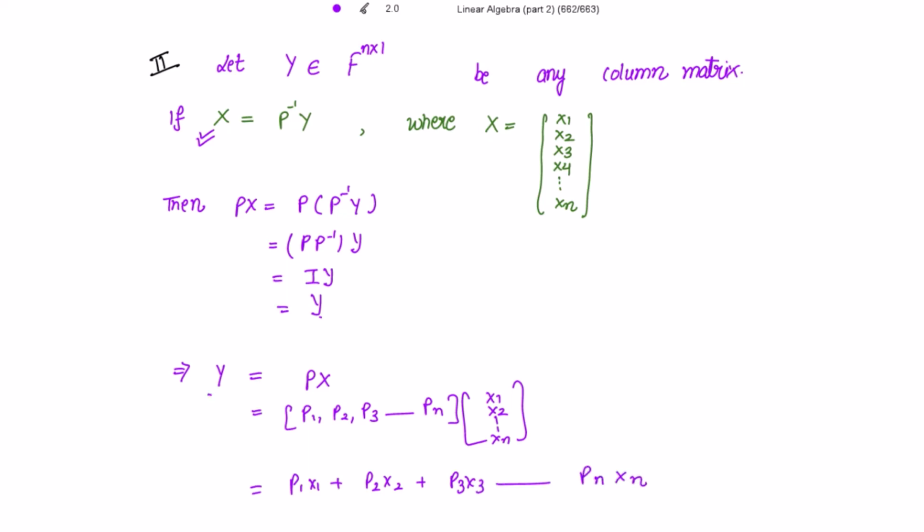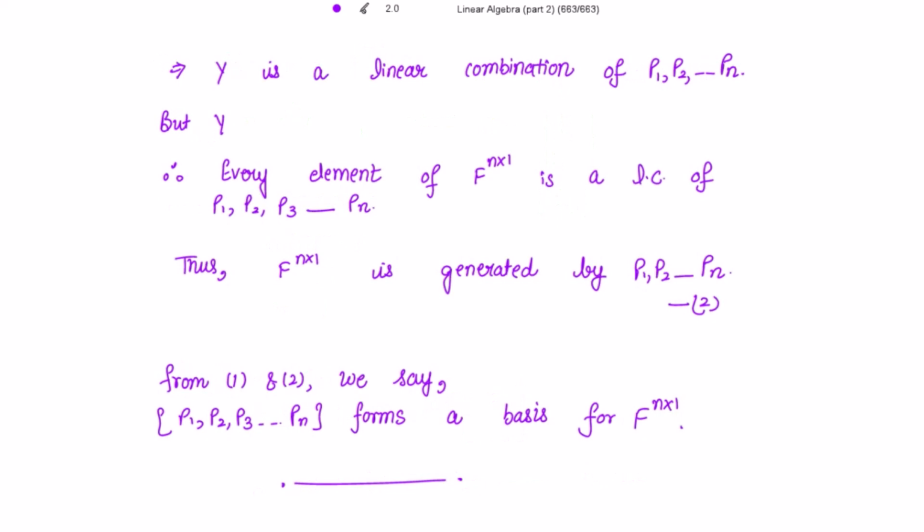Which means this y, which I have chosen from F^(n by 1), is now a linear combination of P1, P2, P3, Pn. And because this y was arbitrary, every element of F^(n by 1) is a linear combination of these columns. Thus F^(n by 1) is generated by the columns P1, P2, Pn, right?